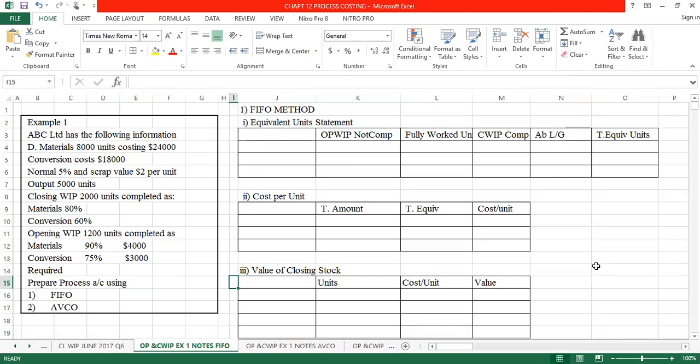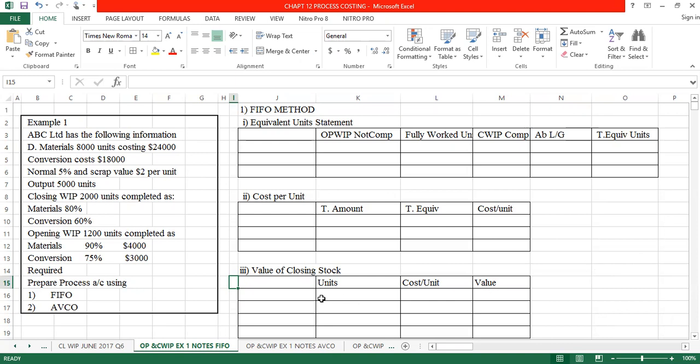Take note of what follows. Opening work in progress is 1,200 units, completed as materials 90% with a value of 4,000, and conversion is 3,000. Next, required, prepare process account using FIFO.